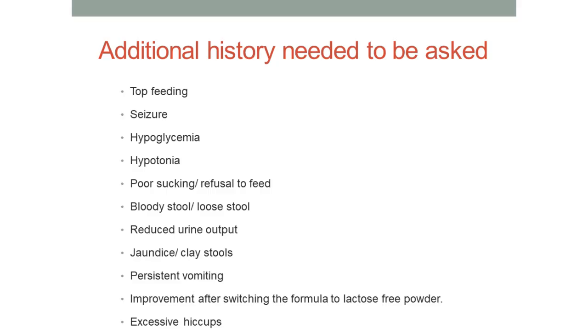You have to ask for seizures, episodes of hypoglycemia or irritability, hypotonia, poor sucking or refusal to feed. There can be bloody stools or loose stools, reduced urine output, jaundice or clay colored stools, persistent vomiting. Ask if there is any improvement or deterioration after switching formula, and excessive hiccups.